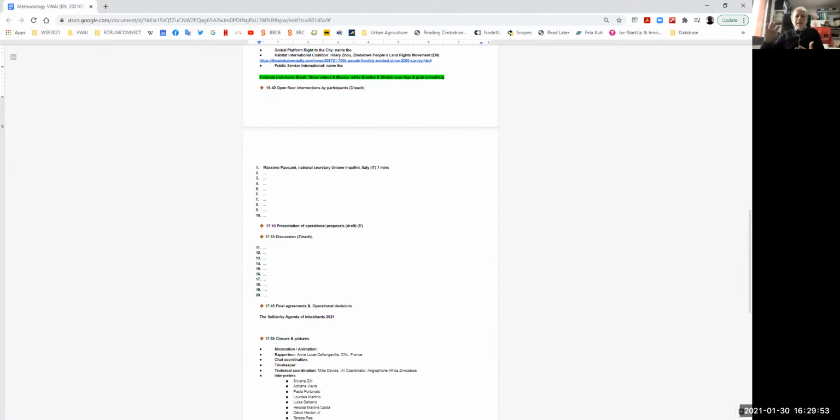We will try to begin at 4:40 so that everyone has more or less 3 minutes, specifically 3 minutes, so that we can reach the end of the meeting with the proposals for the Solidarity Agenda. We do have a model. We'll be sharing it later on. We will be including it with your interventions.